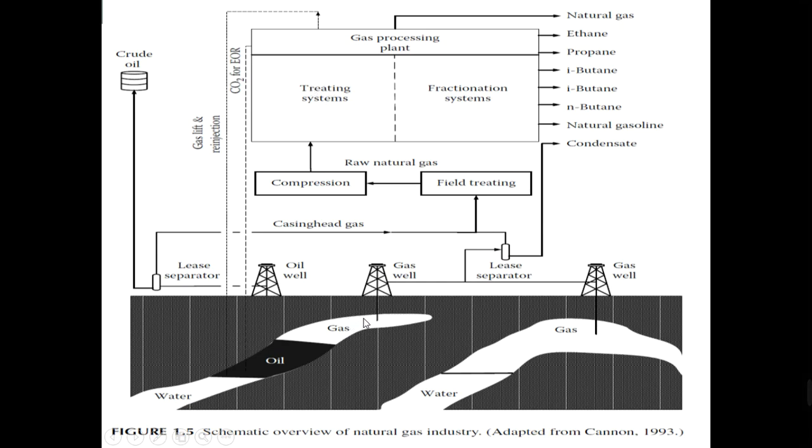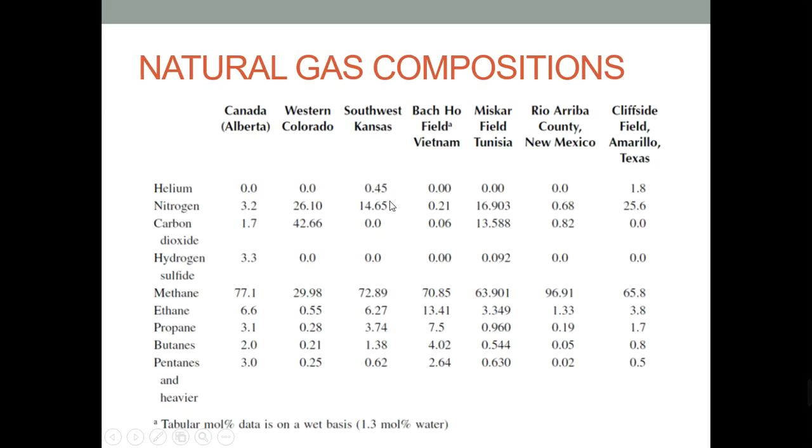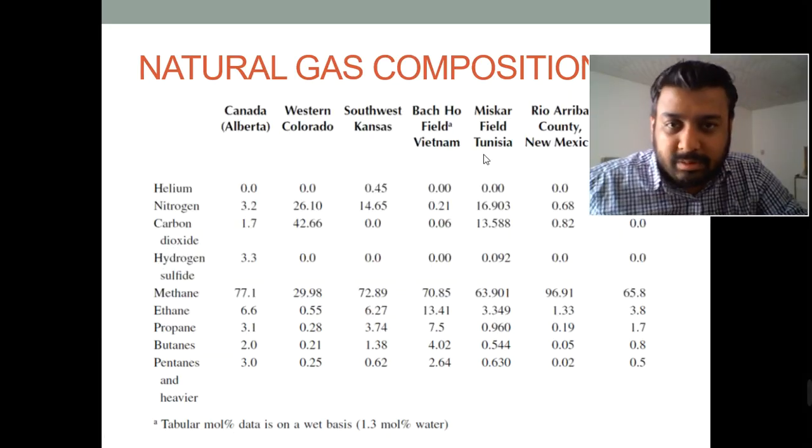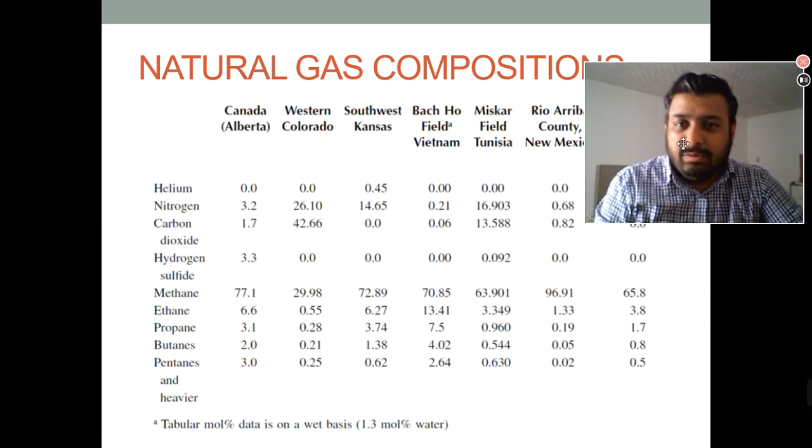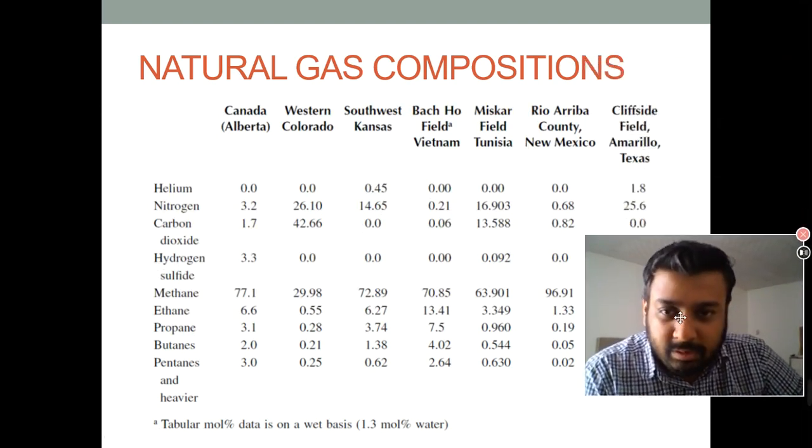This gas may not have mercury, so we don't put any plant to remove the mercury. So this treatment system design is completely based on what composition of gas you have. That's how we design these treating systems, and we will discuss the gas processing in the coming time.